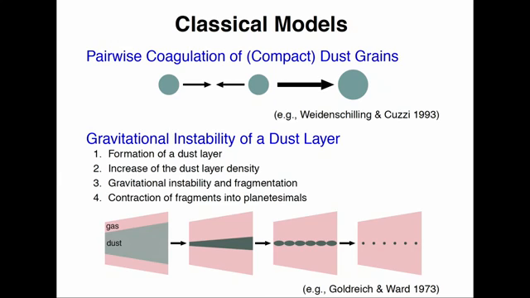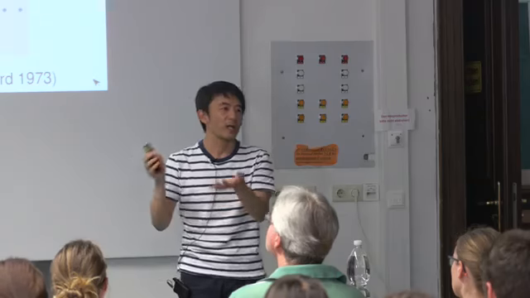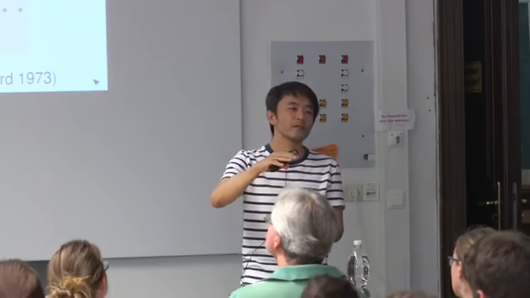Then these fragments can shrink to finally become planetesimals. But the second classical model also has a difficulty, as we now understand. For this mechanism to operate, the protoplanetary disk, I mean the gas component, should be very calm. Otherwise, the dust components cannot settle toward the mid-plane.